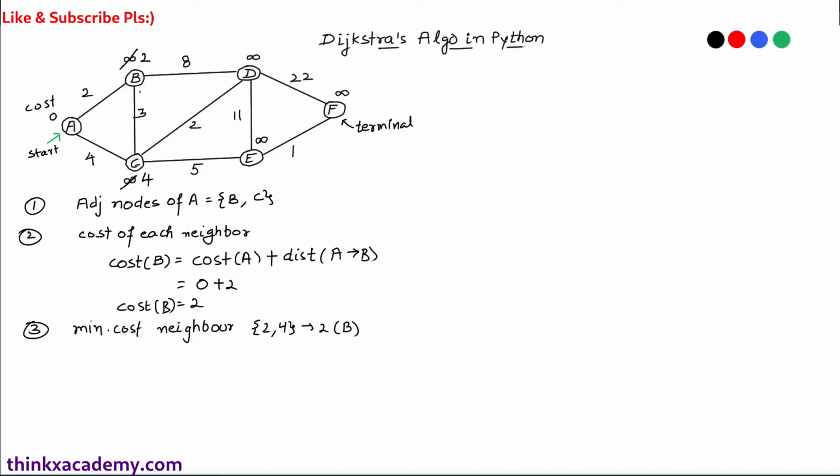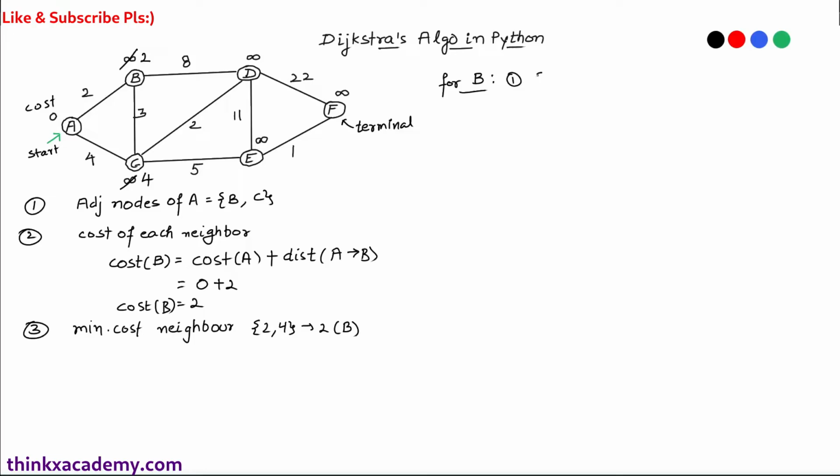And so at this point we are again going to follow these steps. For B, we are going to first calculate the neighbors.